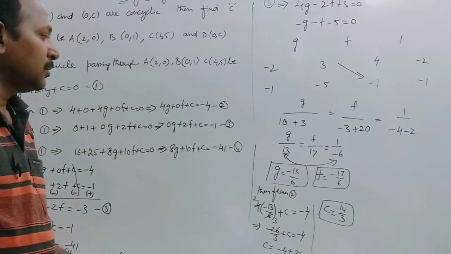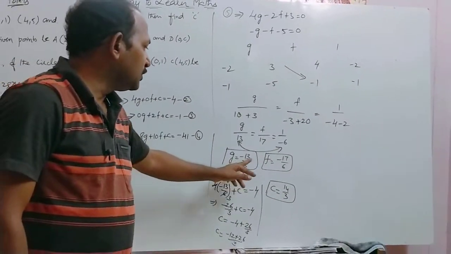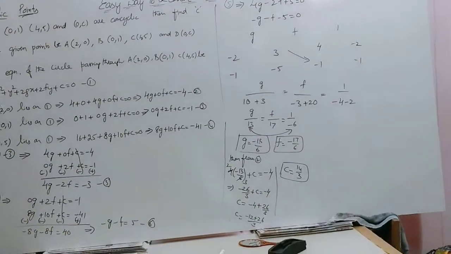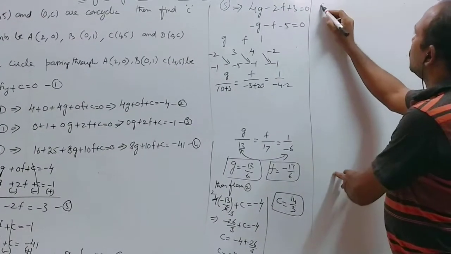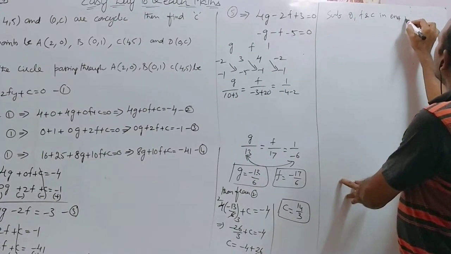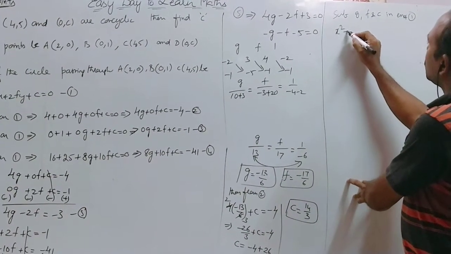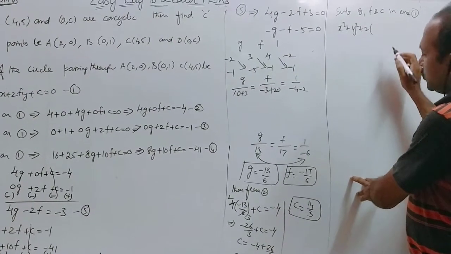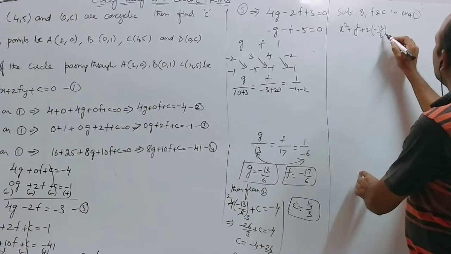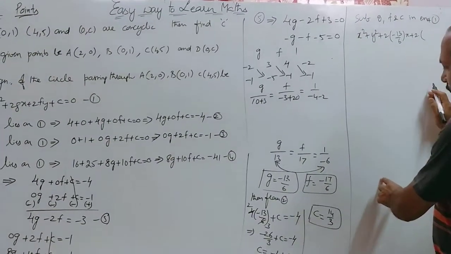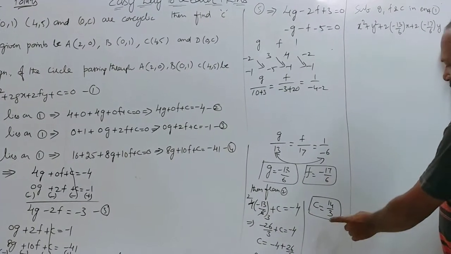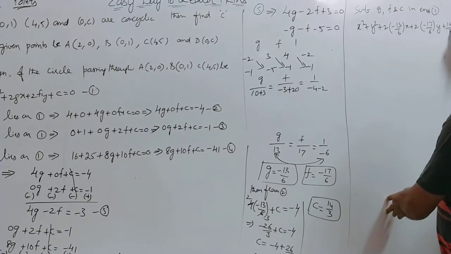And hence, by substituting these three values G, F and C, you can find the equation of the circle passing through these 3 points. Substituting G, F and C in equation 1. Therefore, x square plus y square plus 2 into G. Here G is minus 13 by 6, x plus 2 into F, minus 17 by 6, y plus C. C is 14 by 3.